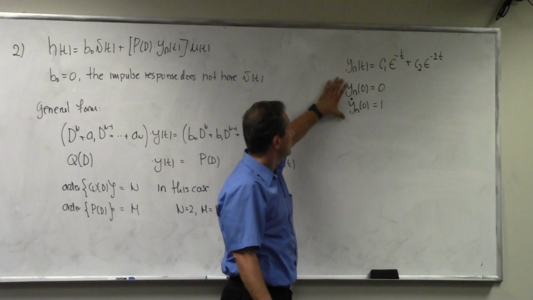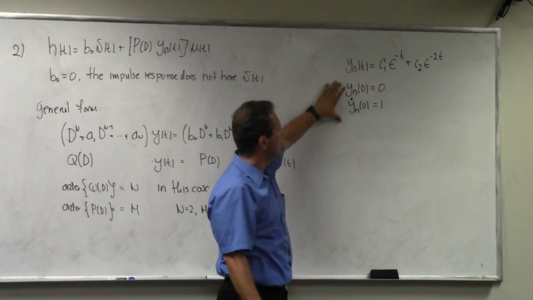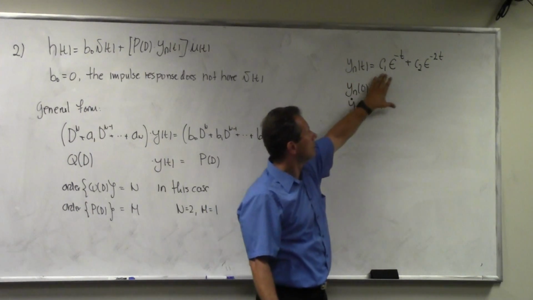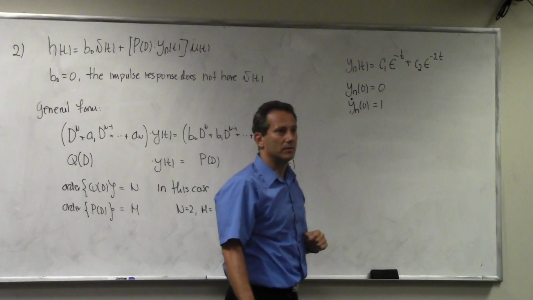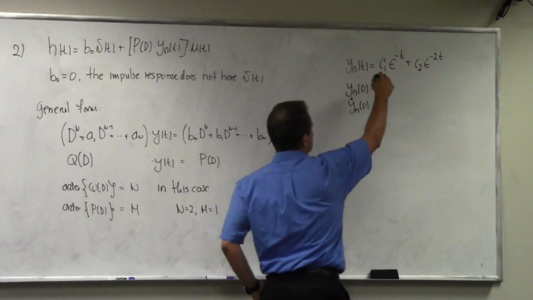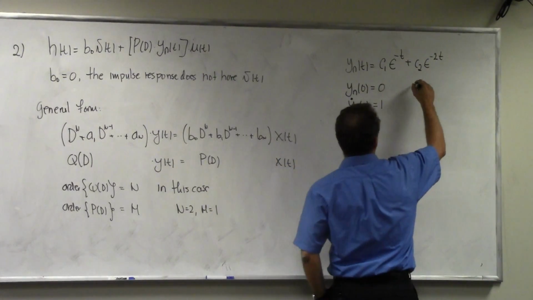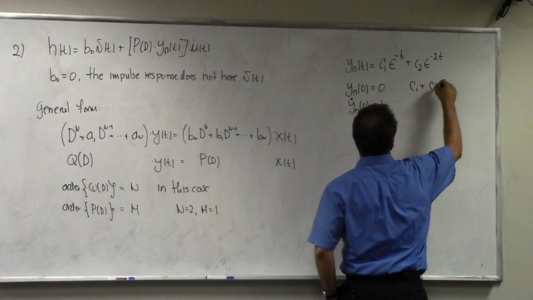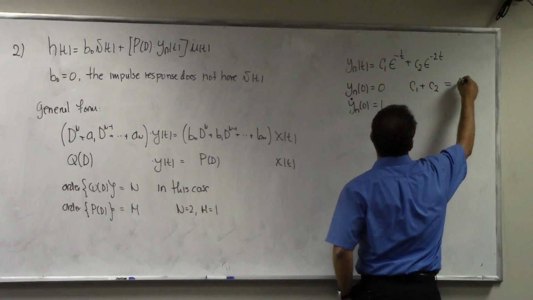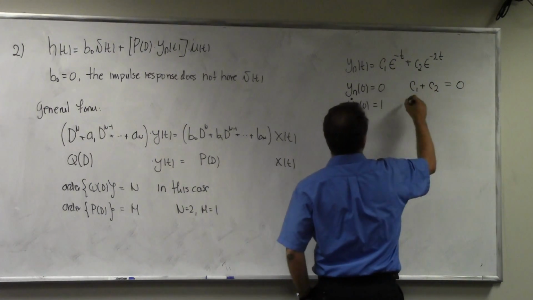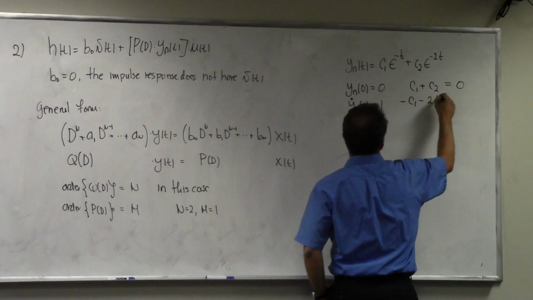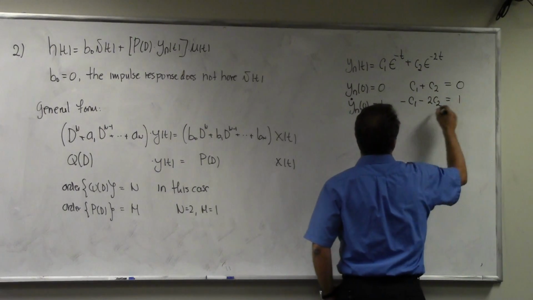So we get exactly n equations here where we can solve for these n coefficients. If I substitute these two in here, I get that C1 plus C2 has to be equal to 0, and then minus C1 minus 2C2 has to be equal to 1.